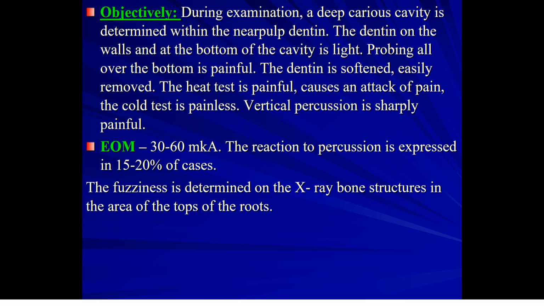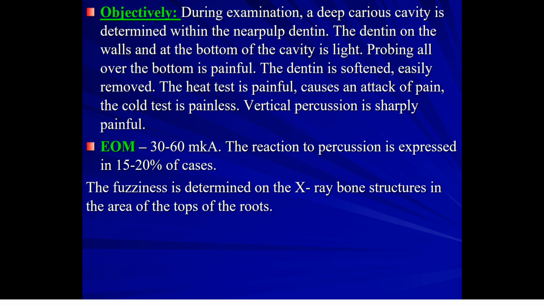Objectively, during examination, a deep carious cavity is determined within the near-pulp dentin. The dentin on the walls and at the bottom of the cavity is light. Probing all over the bottom is painful. The dentin is softened, easily removed. The heat test is painful, causes an attack of pain.